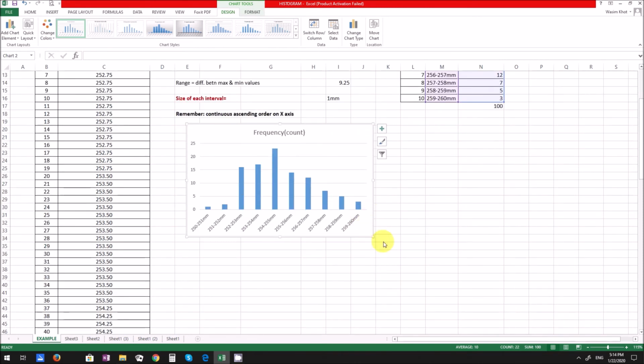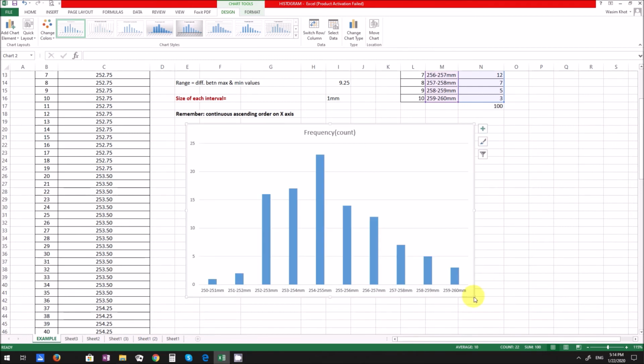So we have the chart, and we can change the title to histogram, frequency distribution of length of steel bar.